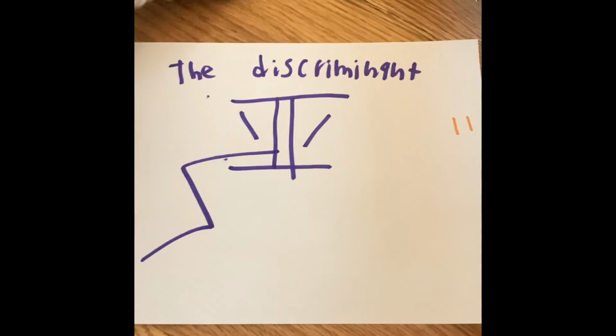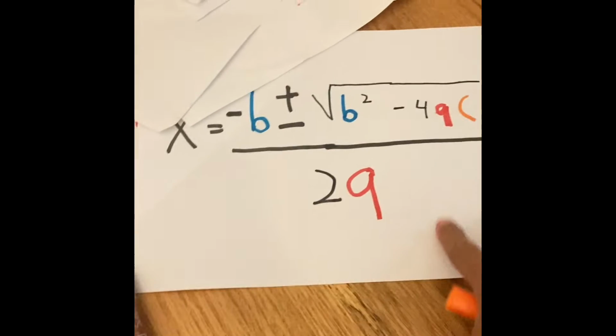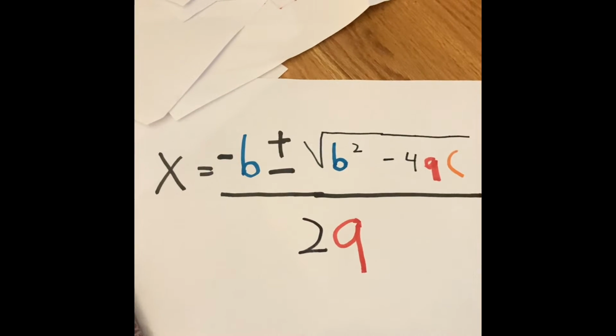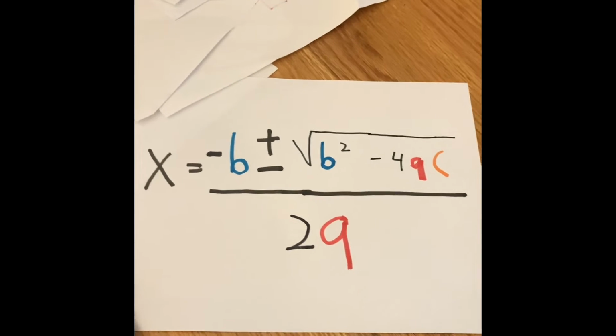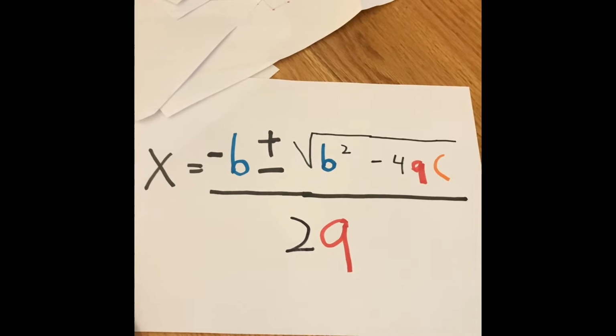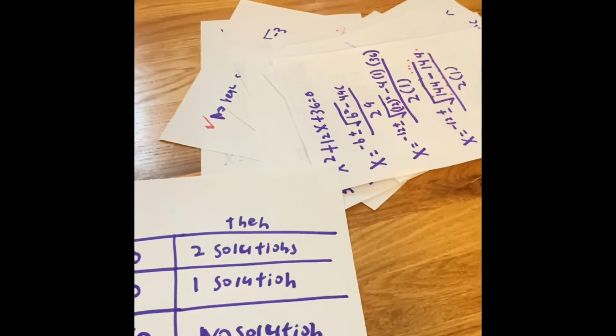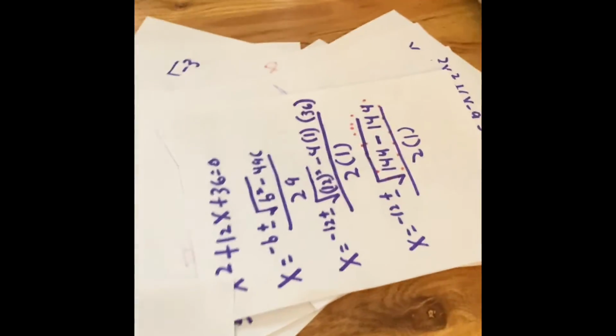So, we've been doing a lot of work with the quadratic formula, and while we're going to learn about the discriminant, we've been working a lot with the formula in the previous videos.